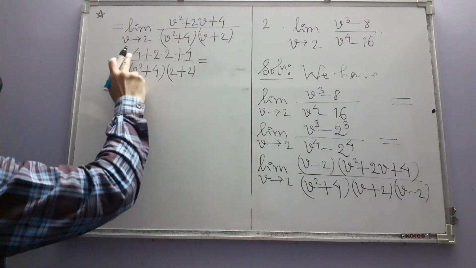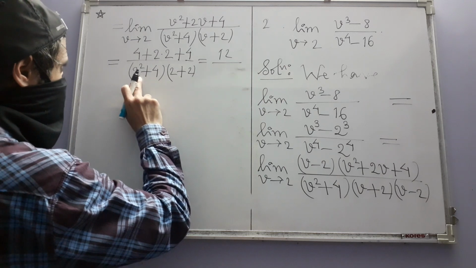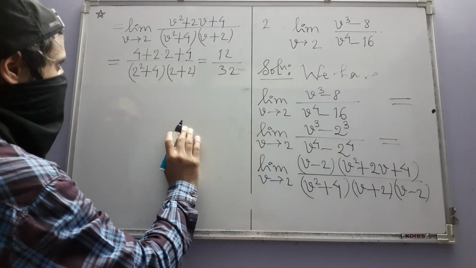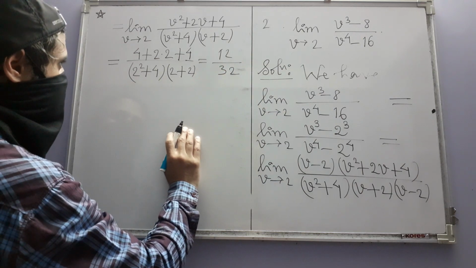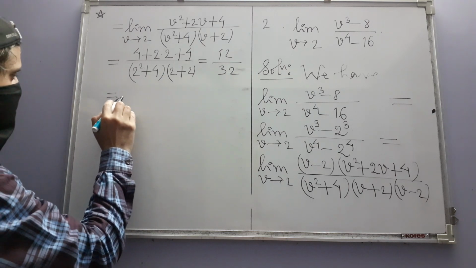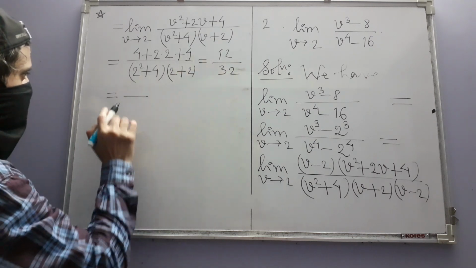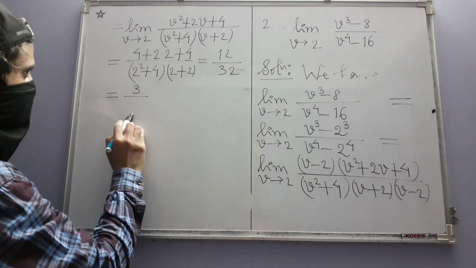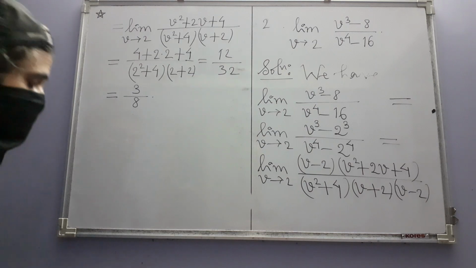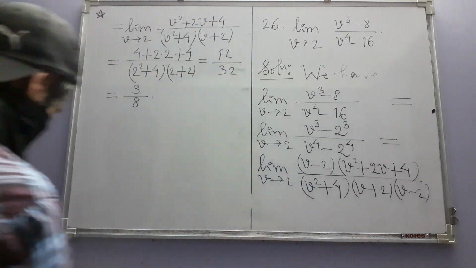Okay, so what will it be? 12 in the numerator, and in the denominator 4 plus 4 is 8, times 4, 32. Okay, so that means we can do a little cancellation, right? We can cancel the common factor 4. So this is the answer. Oh, I forgot to write the number. This is 26.